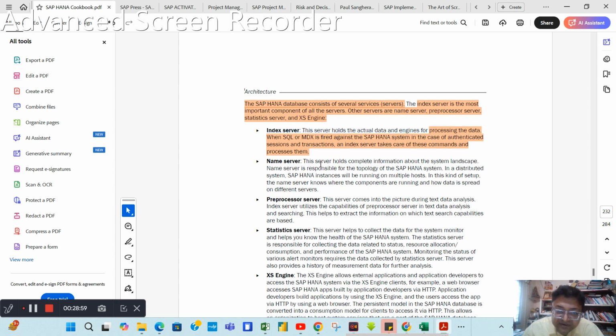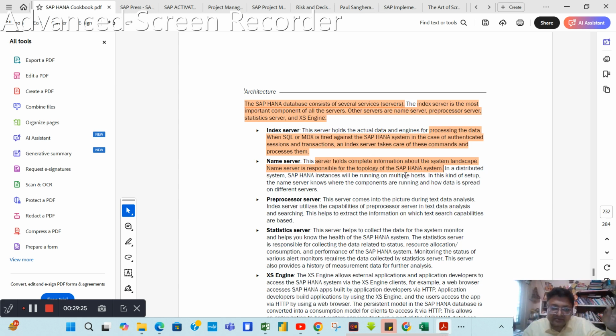And name server, the server holds complete information about the system landscape. Name server is responsible for the topology of the SAP HANA system. Understood? Topology. In a distributed system, SAP HANA instances will be running on multiple hosts.